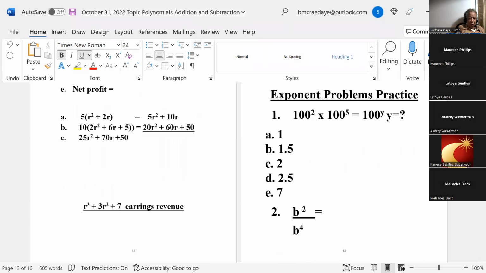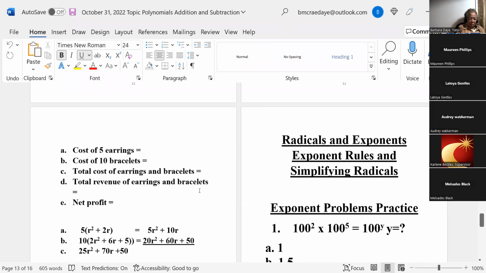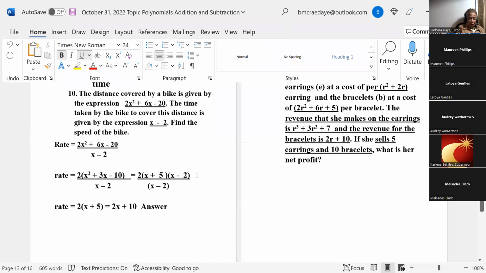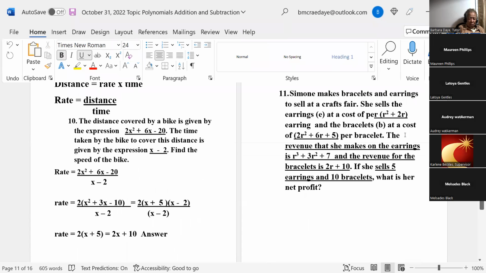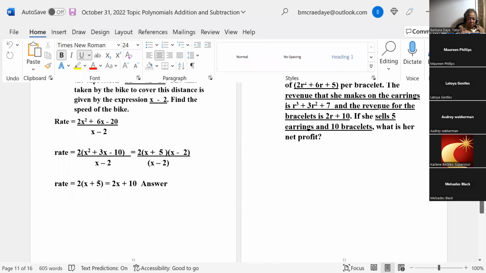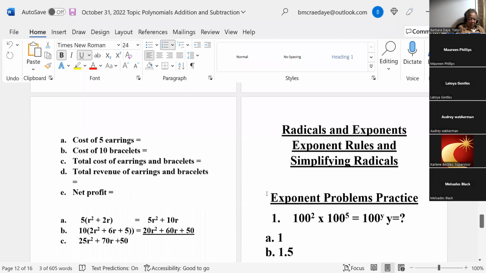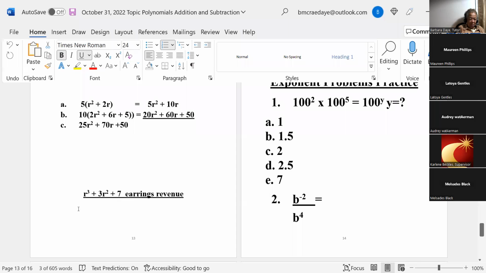Now let's get our revenue on the bracelets. The revenue on the bracelets is 2r plus 10, right? Just copy that there.